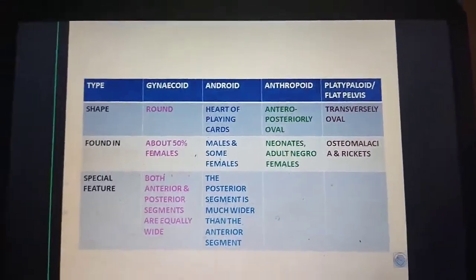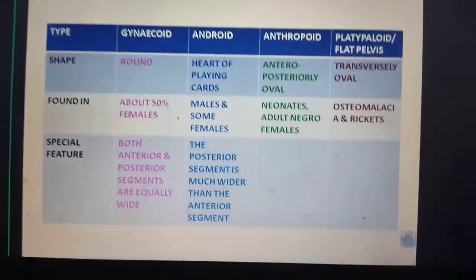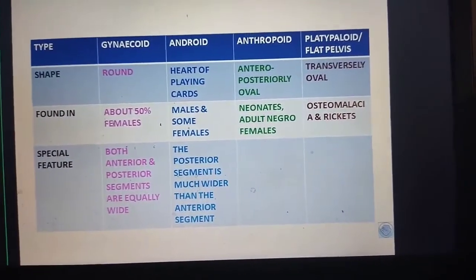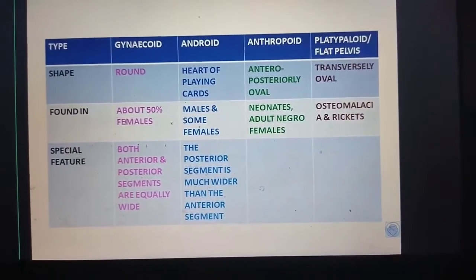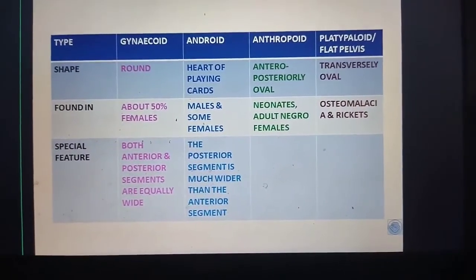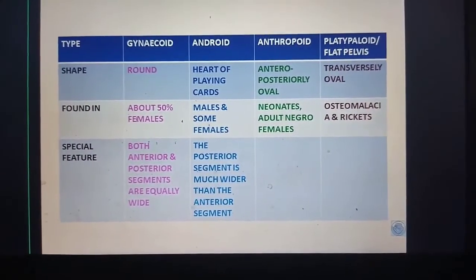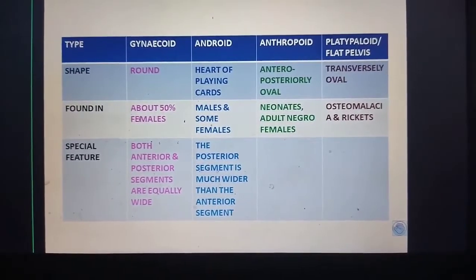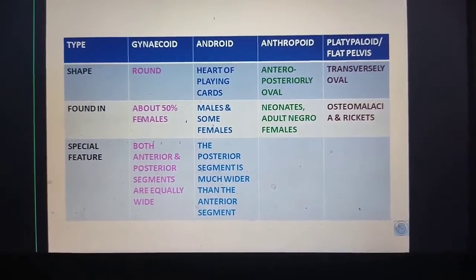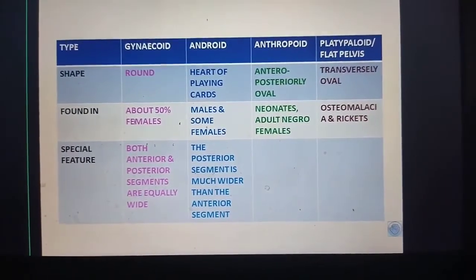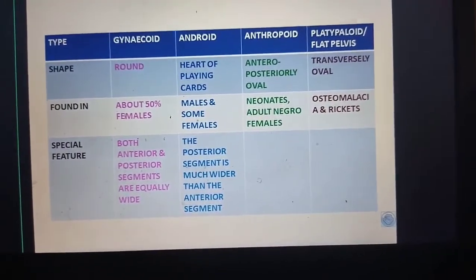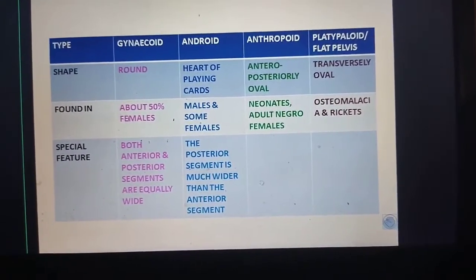Most females are supposed to have a gynecoid type of pelvis, but a significant number of females also have android or anthropoid types of pelvis. The pelvic brim is round in the gynecoid type. It is found in slightly more than 50% of females, and both anteroposterior segments are equally wide.